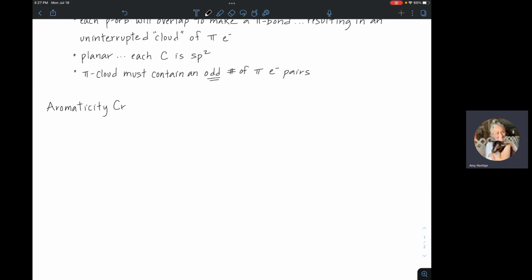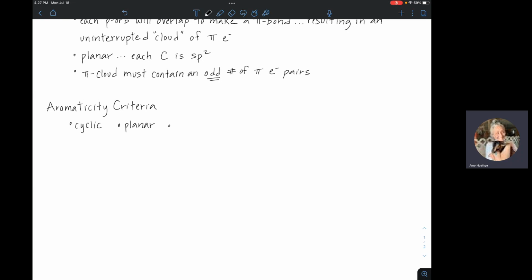And so we've got criteria for aromaticity. So is a molecule aromatic or not? We have a little list, of course. You need a cyclic molecule. So you need a ring. You need for it to be flat. So it needs to be planar.